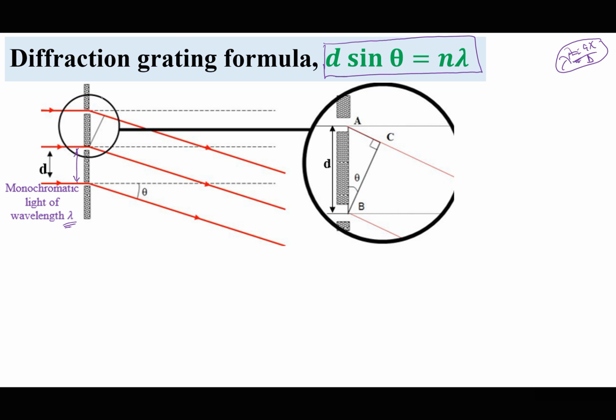If I use a magnifying glass to magnify between two slits, this is what I have. When you magnify between two slits and very close to the slits, it appears as if these rays are parallel, especially if they are forming interference patterns on a screen which is very, very far.